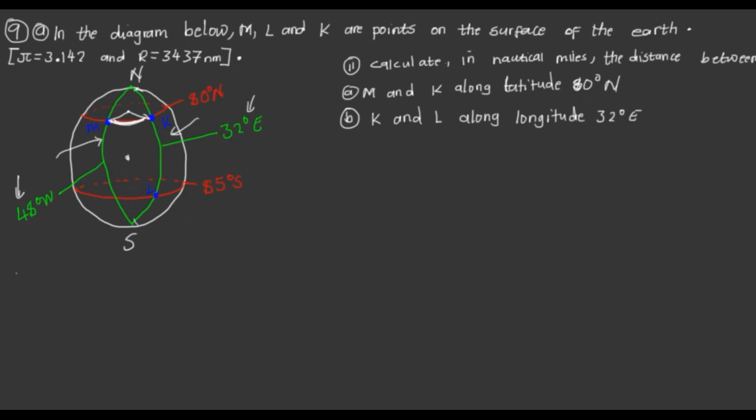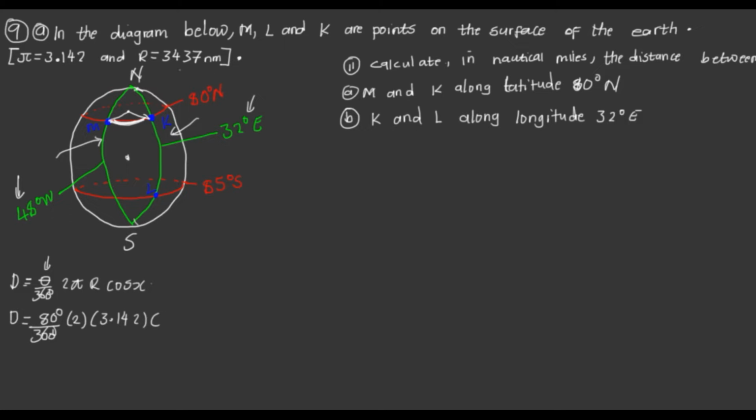If you are finding the distance along the latitude, the formula is distance equals theta over 360 times 2 times pi times r cos x. So we need theta. The theta is the difference in longitude, of which we have it. So distance is equal to theta, which is 80 degrees, over 360 multiplied by 2 times pi, 3.142.